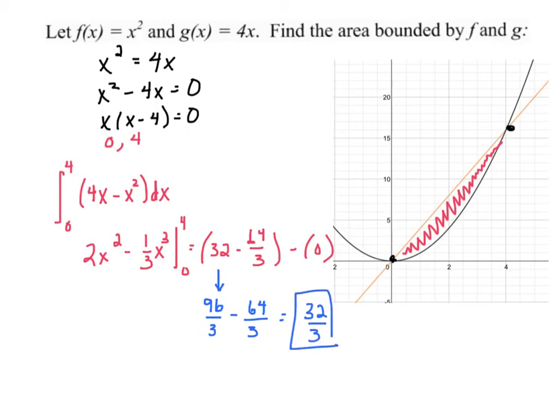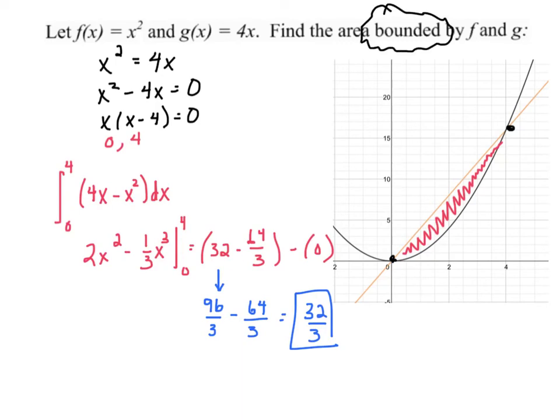Now, if you didn't have a graph and you were running short of time, or you just weren't sure which function was on top or bottom, one thing you could do is just go for it and try it. And if you did x squared minus 4x, the only thing that would be wrong in the end is your answer would be negative. Now remember, one of the words we've been looking at is bounded.